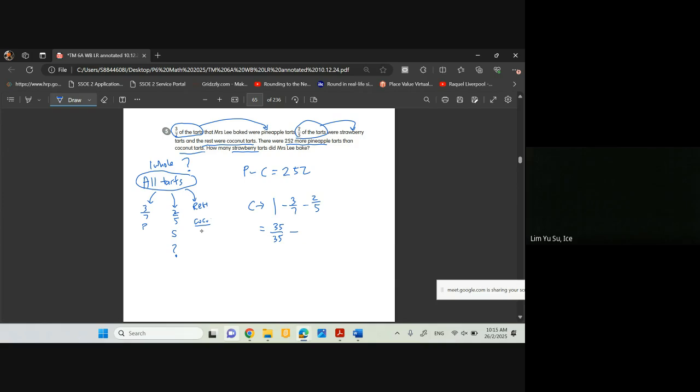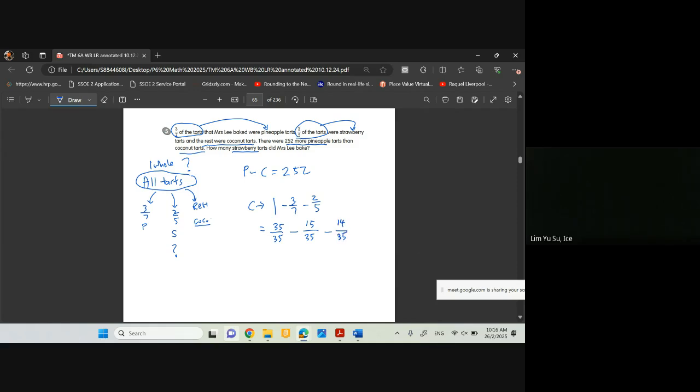So 3/7 will become, times 5 times 5. What will be the numerator? 15, that's right. Then 2/5 will be 14 out of 35.